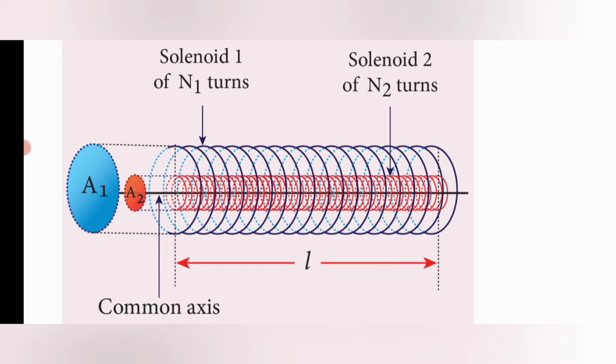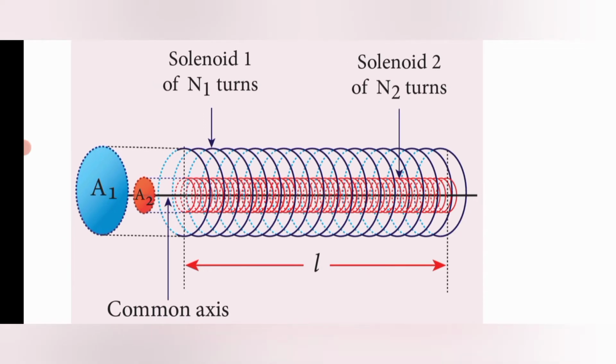Their length is also the same, that is L here. The number of turns for solenoid 1 is N1 and for solenoid 2 is N2. Their radii are also different, one large and the other small.